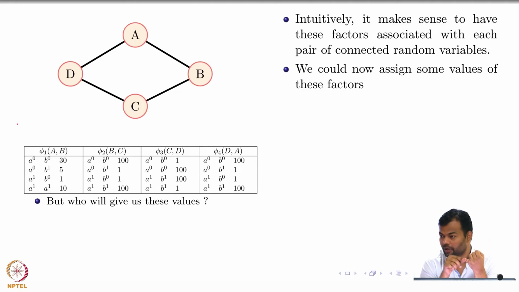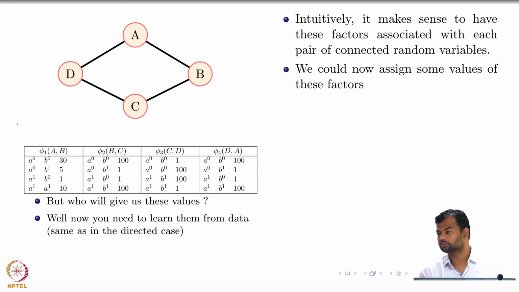Just as the conditional probability distribution, no one is going to give it to you. You'll have to learn it from the data. Similarly, these factors and the values associated with the factors, you'll have to learn from the data. How? How will you learn these from the data?